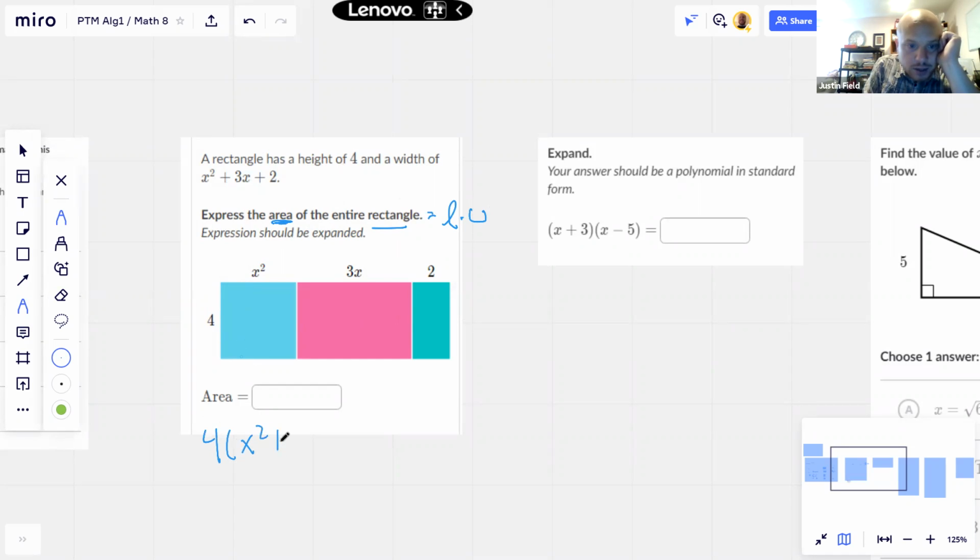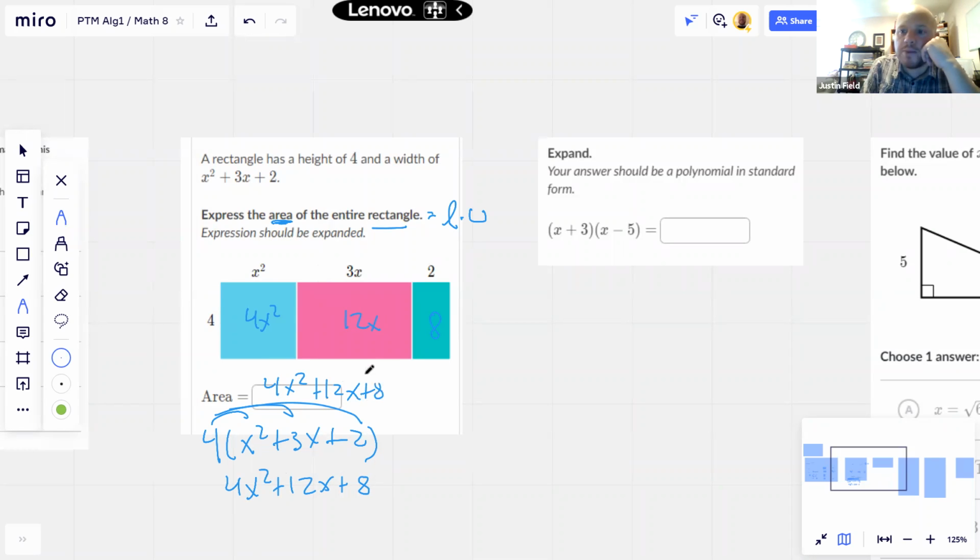And then x squared plus 3x plus 2 is our length. So what we do is we just use the distributive property. So it would be 4x squared plus 12x, 4 times 3, and then 4 times 2, 8. And I like to write it on the inside. 4x squared would go there, 12x would go there, 8. That's the answer.